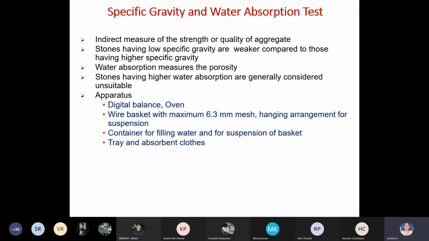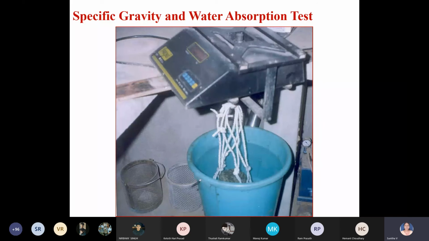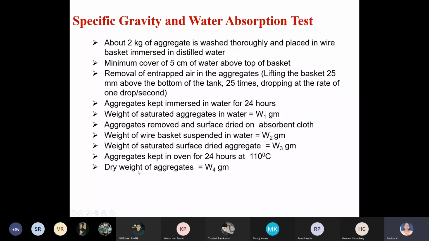So for this, what do you have to use? You need a digital balance, oven, wire basket, container for filling water, tray and absorbent cloth. This is how you find the specific gravity. Either it can be done with this basket, or you can use this wire mesh also.